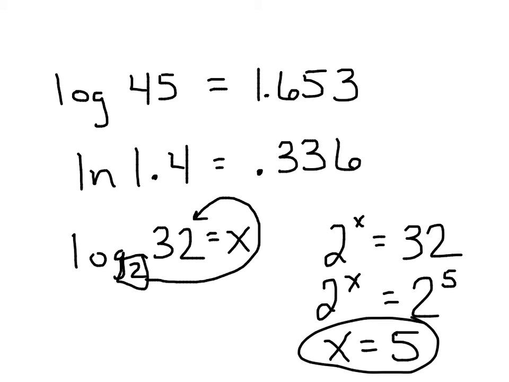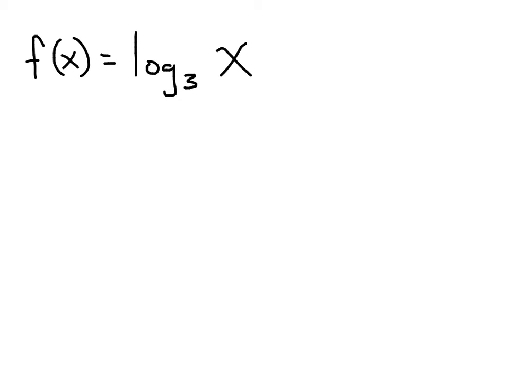Okay? Then, if I turn the page, 17 and 18 on the review say graph the function and its inverse. So on 17, I have f of x equals the log base 3x.